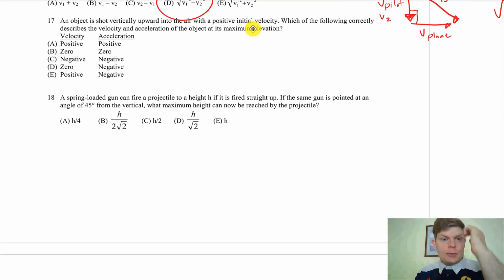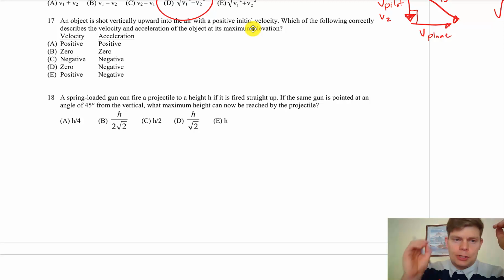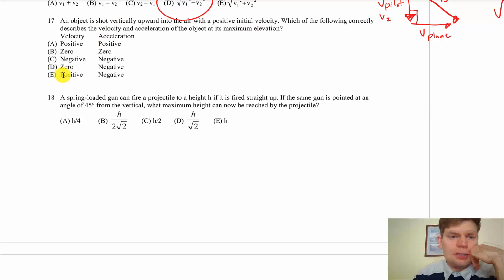All right, so we got an object launched vertically upward in the air with a positive initial velocity. Which of the following correctly describes the velocity and acceleration of the object at its maximum elevation? Well, at its maximum elevation, it'll slow down, stop. So its velocity is 0. Our acceleration is definitely, I'd go with negative.